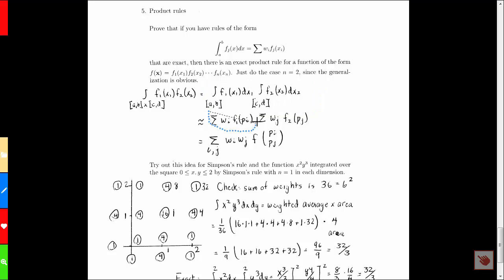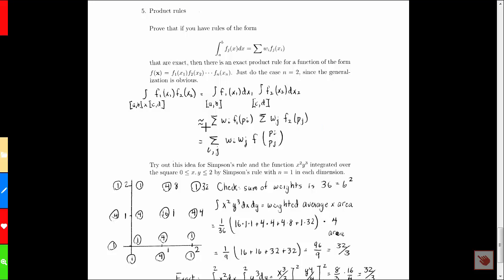Now, Simpson's rule, midpoint rule, trapezoid rule, whatever rule you use, gives an approximation of the form sum over i of the weight for point i times the function evaluated at point i. For the function f2, we have a similar rule, only I'm going to use the subscript j.